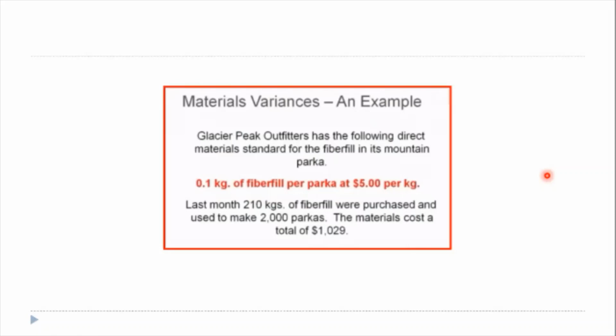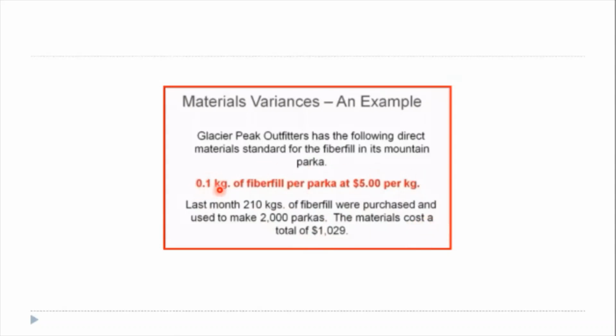Glacier Park Outfitters has the following direct material standards for the fiber fill in its mountain parka: 0.1 kg of fiber fill per parka at $5 per kg. Last month, 210 kgs of fiber fill were purchased and used to make 2,000 parkas. The material costs a total of $1,029. So let's look at what we have here.